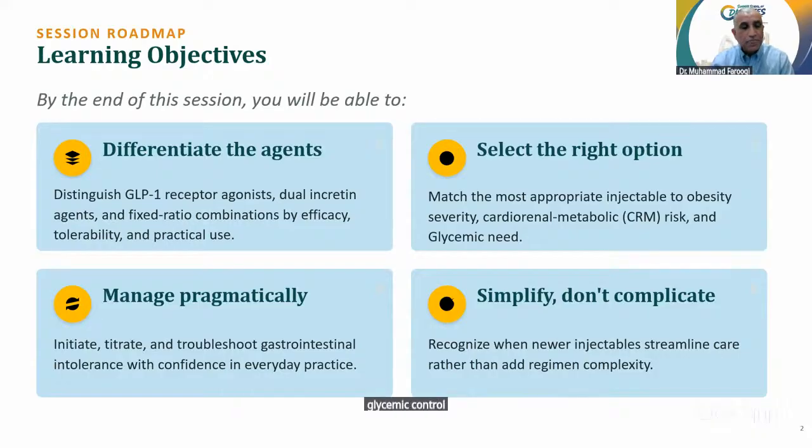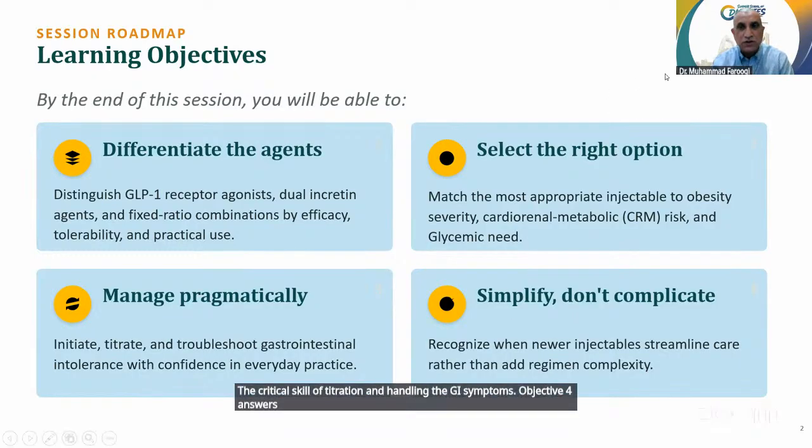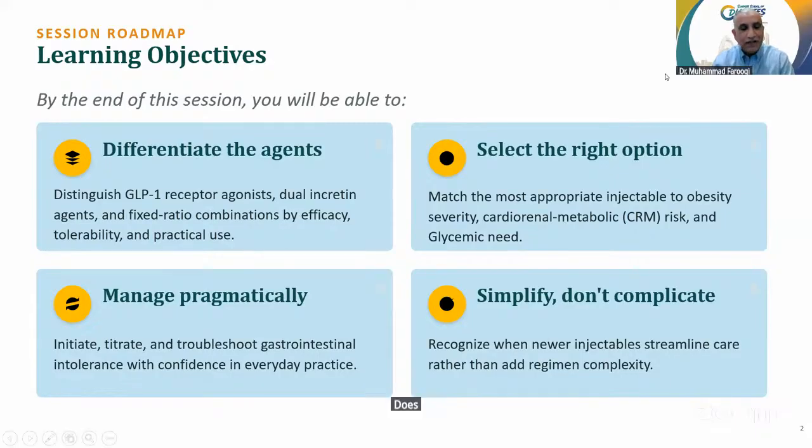Objective 3 is the critical skill of titration and handling the GI symptoms. Objective 4 answers the last question: does this prescription make the patient's life simpler or more complicated?